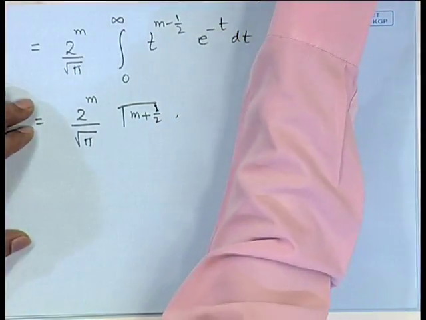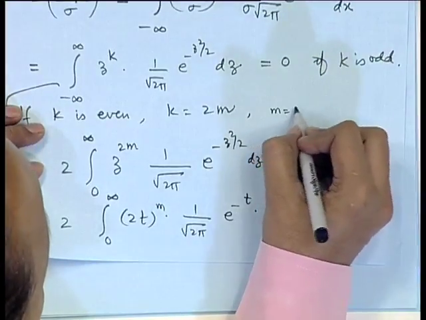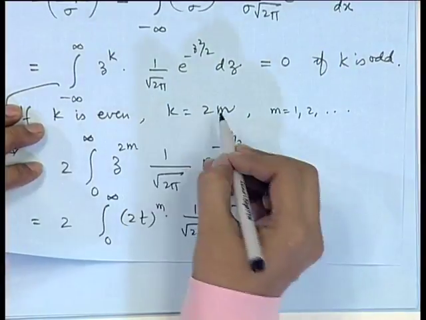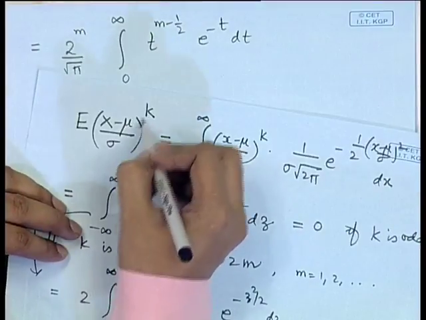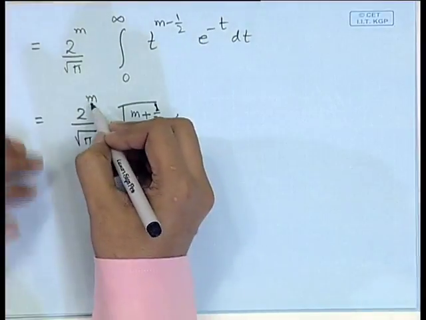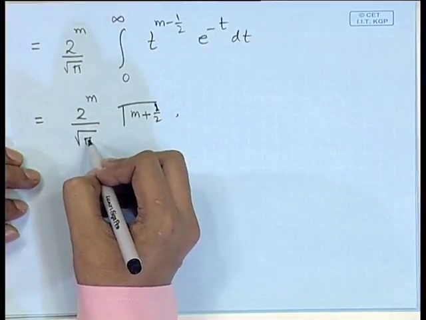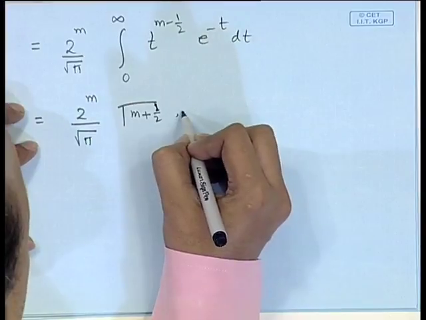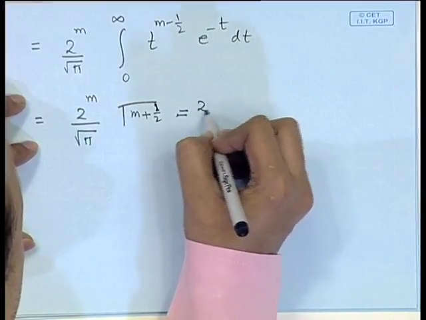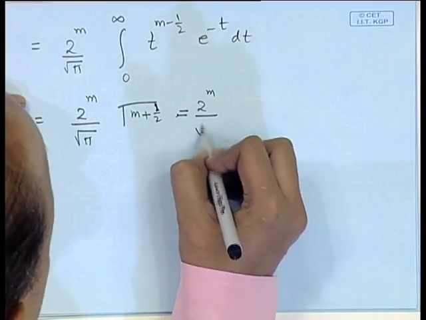So, if m is any integer here, m is equal to 1, 2 and so on, that is k is an even integer, then expectation of (x minus mu by sigma) to the power 2m is given by 2 to the power m by root pi gamma of m plus half. Of course, we can further simplify this to write in a slightly convenient looking form.